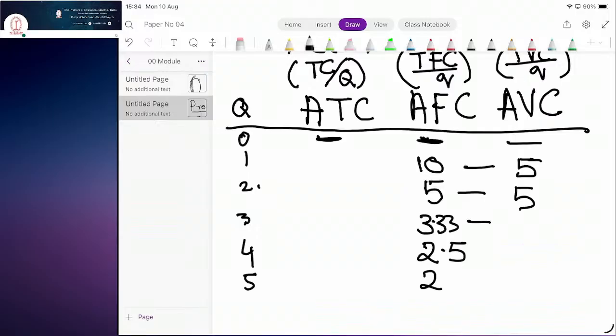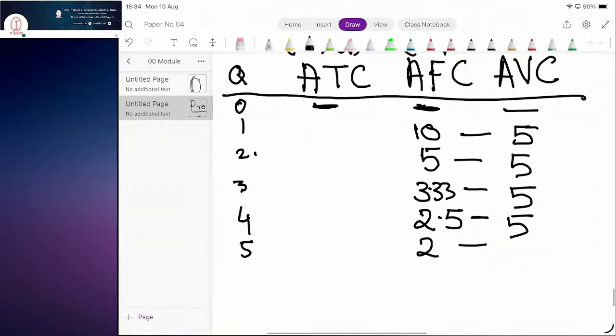How much did you get? 5. 20 divided by 4. Again 5. 25 divided by 5 you got 5. Right?